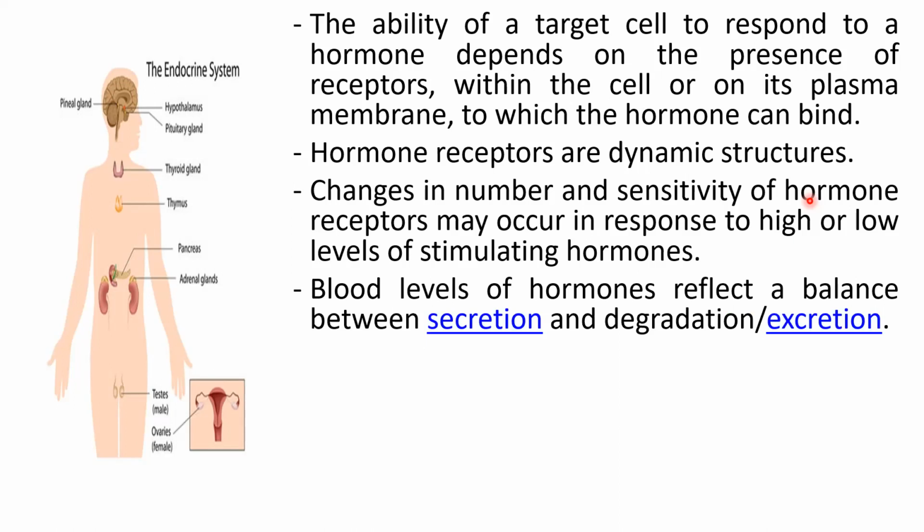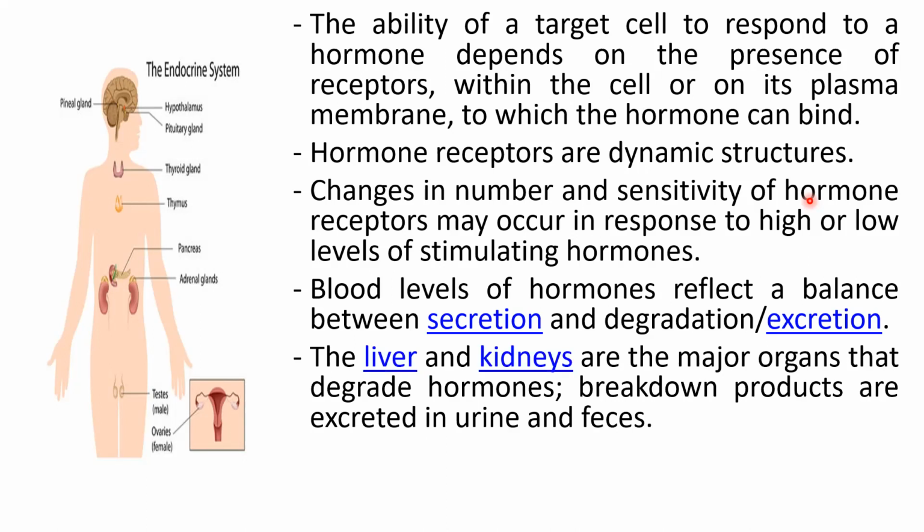Then blood levels of hormones reflect a balance between secretion and degradation or excretion. We have seen the cardiovascular system, and in that, we have seen the composition of blood.